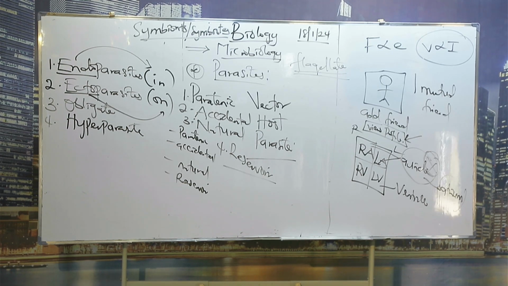This is the host that the parasite is actually supposed to survive in. Accidental, it is not the host the parasite should survive in. Natural, that's the host of the parasite. Example is still mosquito and plasmodium. Man is the natural host of plasmodium, while sheep is the accidental host of plasmodium.